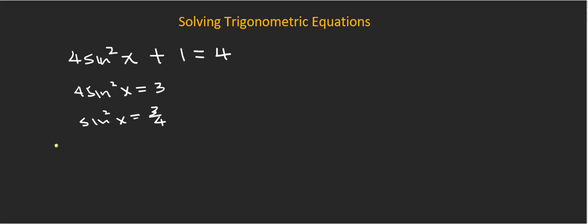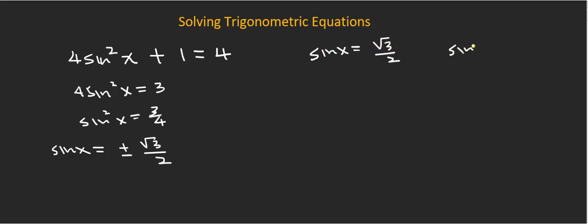So when you take the square root, you're going to get sine x equals positive negative radical 3 over 2. Now don't forget, be careful with the positive and negative. So now this means that you're going to have sine x equals radical 3 over 2 and sine x equals negative radical 3 over 2.